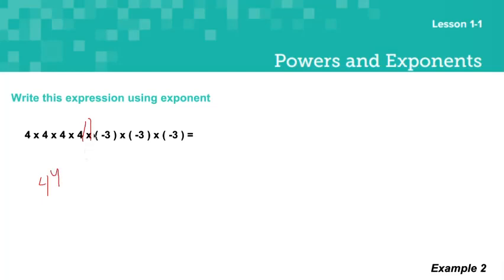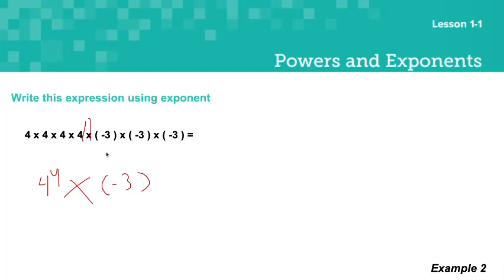Then we will put this sign. It is the multiply sign, between the two sides. Then the next side is negative 3 multiplied by negative 3 multiplied by negative 3. The first step, we see what number is repeating. It is negative 3. We write negative 3.